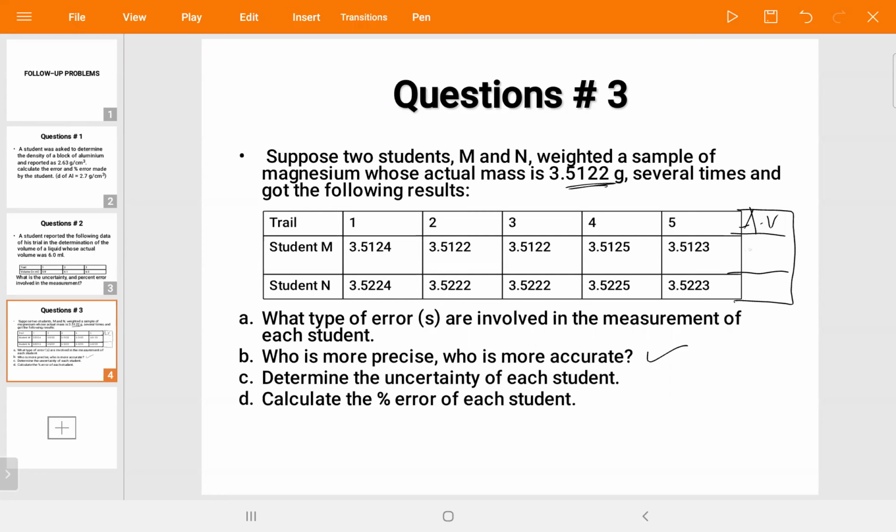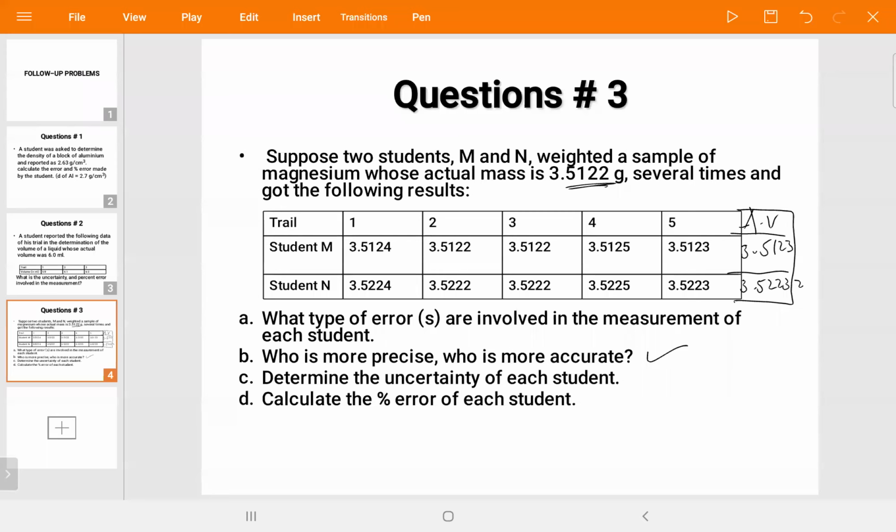So what did you get? 3.5123. And what about student N? 3.52232.